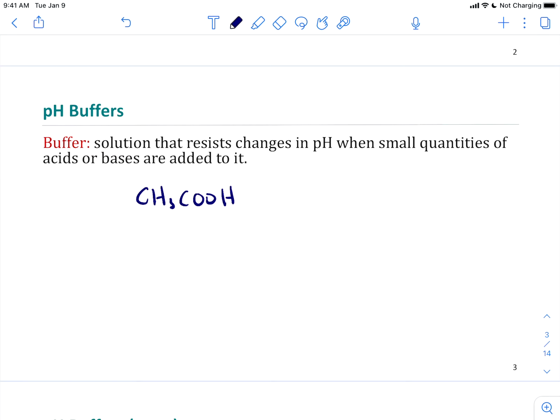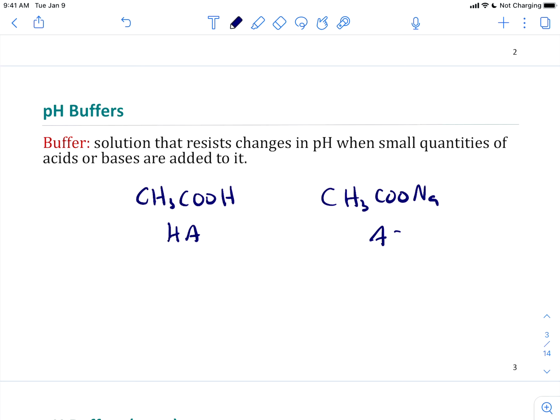You would use this and its conjugate partner, but you can't just add acetate ions. I have to go to my shelf in my chemistry lab and get a compound. So a salt, I would just add sodium acetate. Now I'll use this to represent the acid and the base, HA and A negative, like we always do.